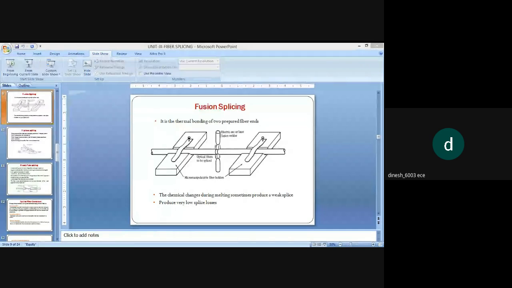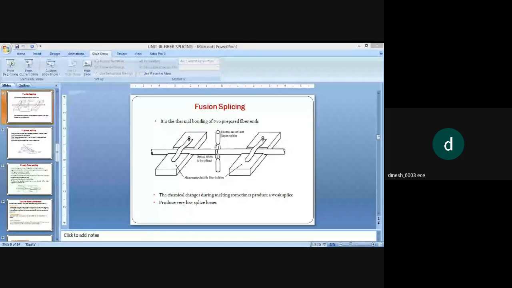It automatically performs lateral, longitudinal, angular alignments. It splices the multimode fibers with losses in the range of a commercial fusion splice. This requires less equipment and skill.